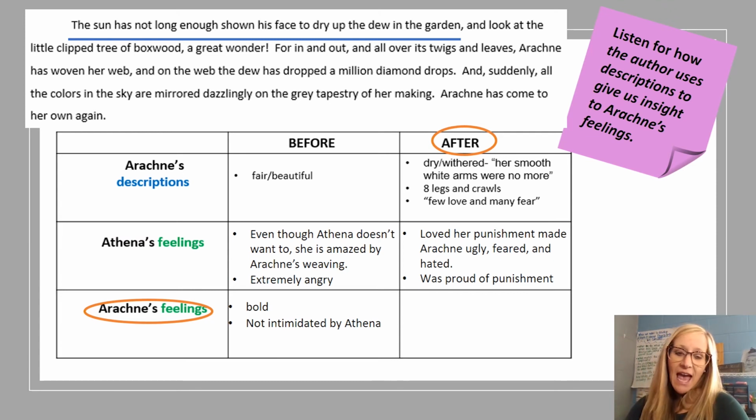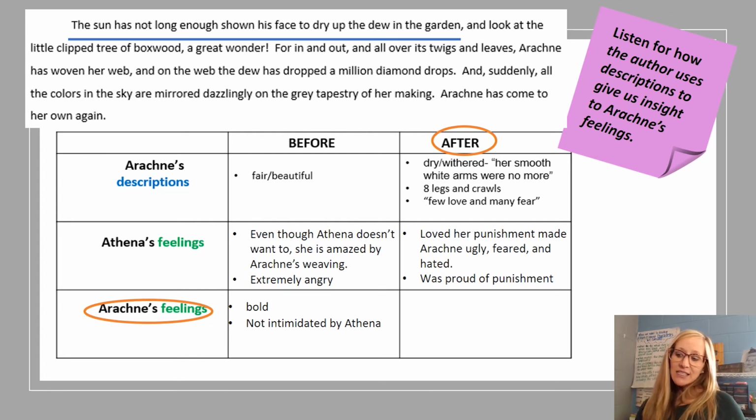We have also looked at how Athena felt before and after the transformation. And then we've also looked at how Arachne felt before. But we are missing information about how Arachne felt after her transformation. In the last paragraph of the text, the very last part of the story, I think will help us infer how Arachne felt.